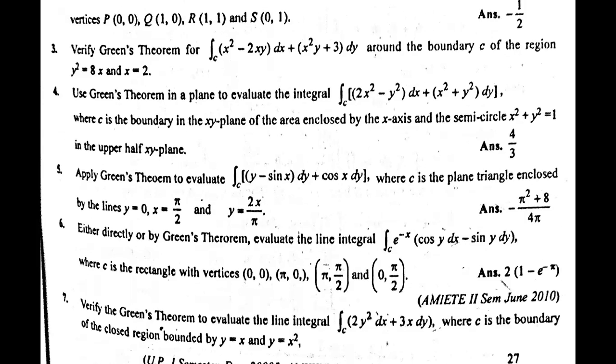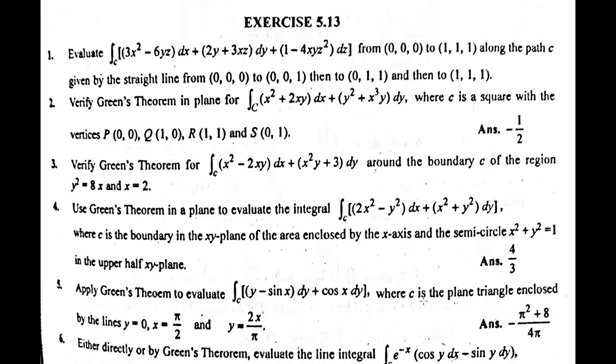So you will solve these questions and match your answer with the given answer. If verification is asked, then verify the theorem, and if evaluation is asked, then apply the theorem to evaluate. There are 2 more questions here, so solve these 2 questions, right?